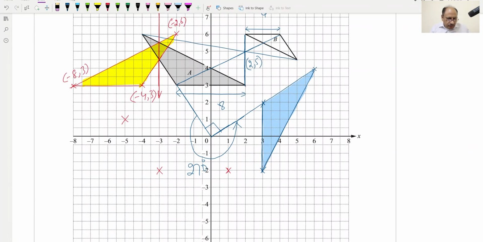So we got 3 points, and the coordinates of this point basically are -5 and 1, and the coordinates of this are -3 and -2, and the coordinates of this one are 1 and -2. And now we can join the points, the vertices of the triangle, and we will get the required translated triangle.